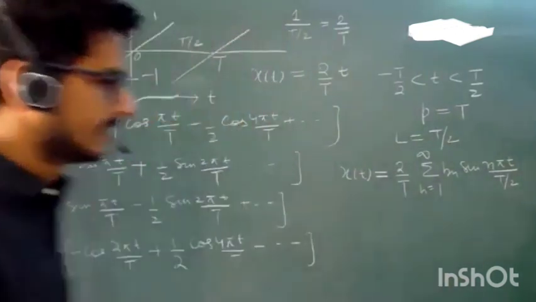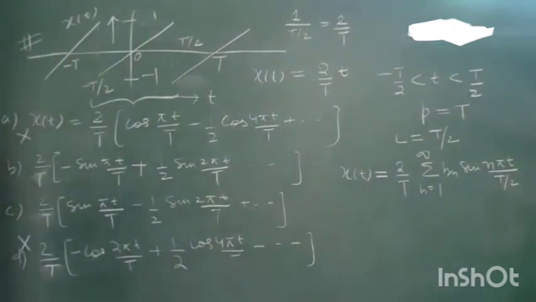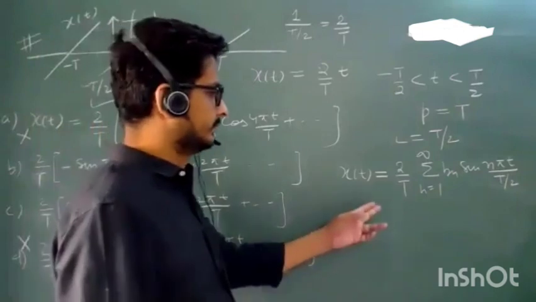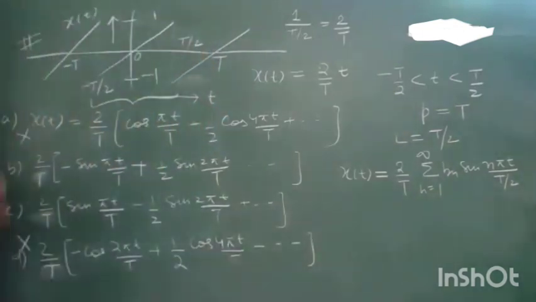Look at this carefully, and if you do not understand, you can ask. This is a very good question to understand. Are you understanding this? Yes, sir. So if you see this, these two options are gone because there will be no cos.